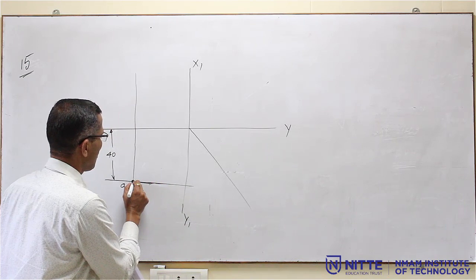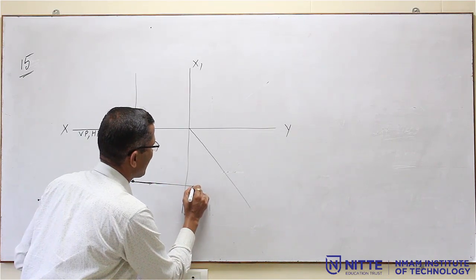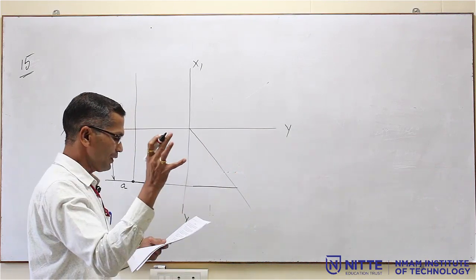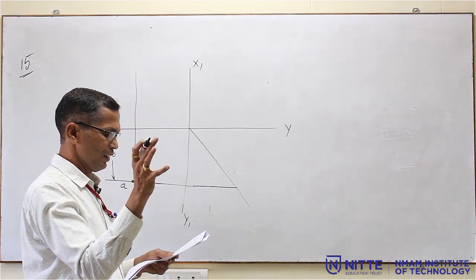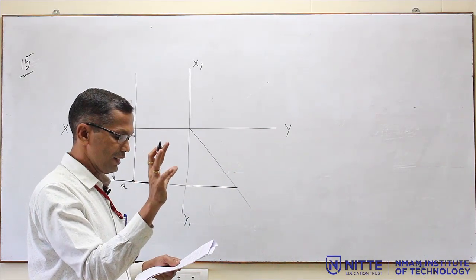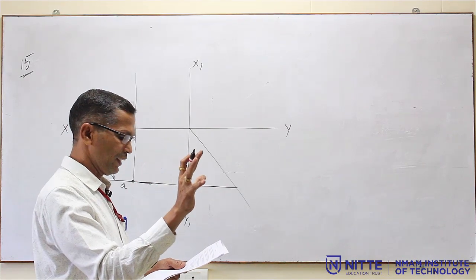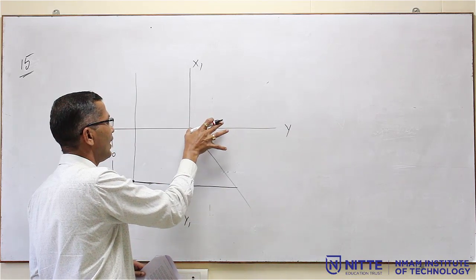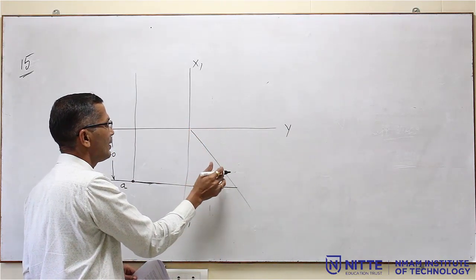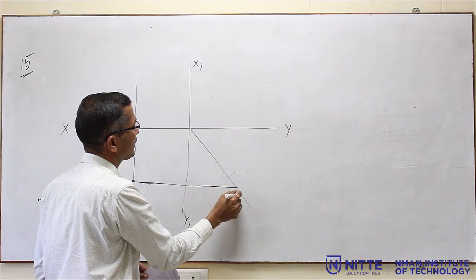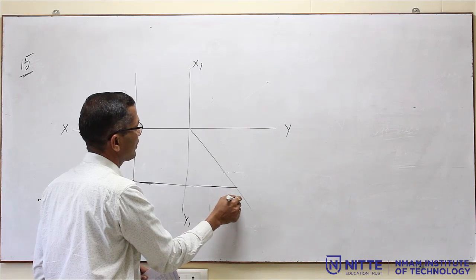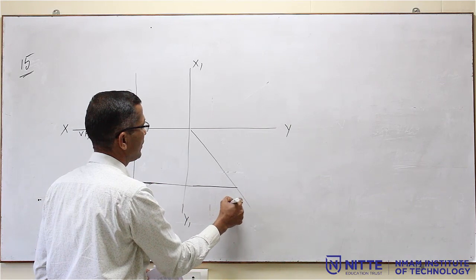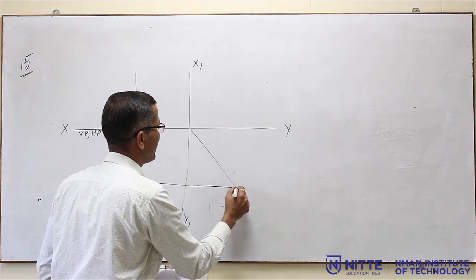Since this is the top view, you have to project it towards the 45 degree line, then take the compass and radius equal to 45 mm, the shortest distance 45, and draw an arc like this. This radius is 45.